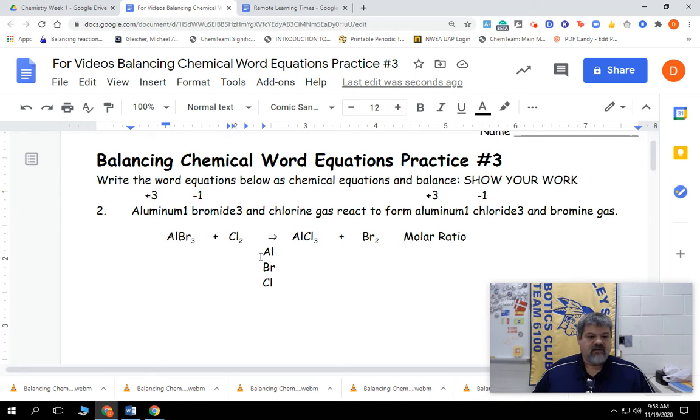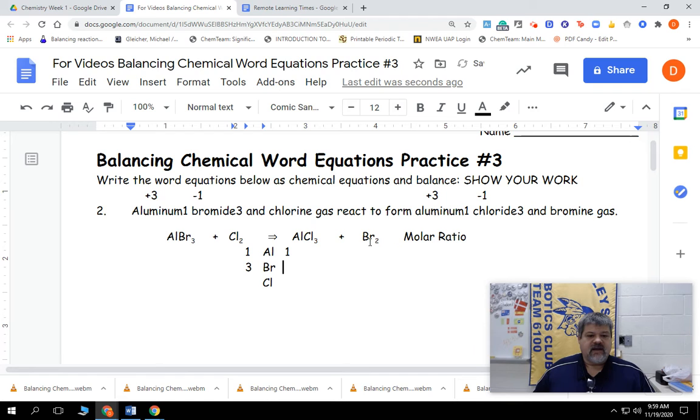So now what we have to do is figure out how many that we have on each side. We look at the aluminum, and I only have one aluminum. So we're going to put a 1 right there on this side. I go to this side, I only have one aluminum. I go to this side with the bromine. I look here, I have 3 bromines. So I'm going to put a 3 up here.